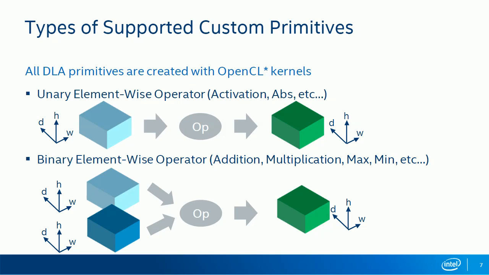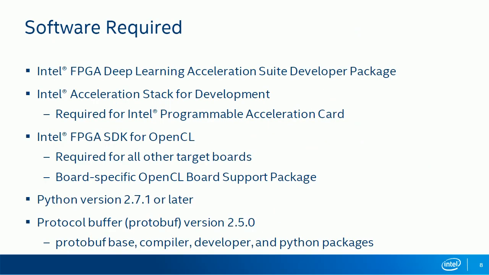Before we talk about the steps necessary to build the FPGA bitstream containing the custom primitives, let's first discuss the software requirements. First and foremost, you'll need the Intel FPGA Deep Learning Acceleration Suite developer package, which contains scripts and templates to execute the build process. If you're targeting one of the Intel programmable acceleration cards, you'll need the Intel Acceleration Stack for development.